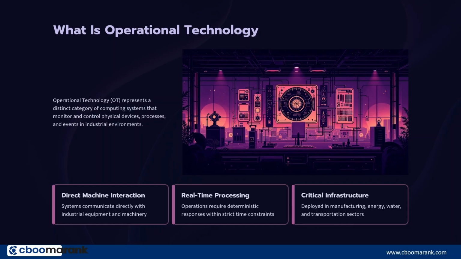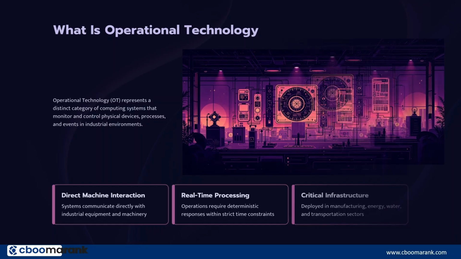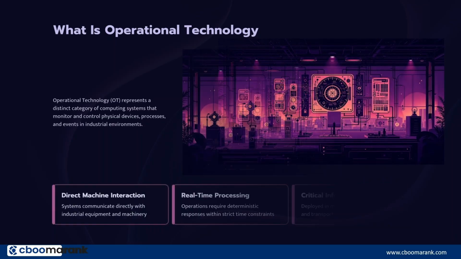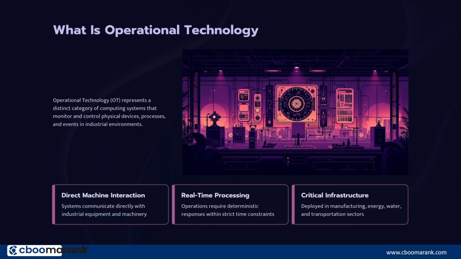They have direct machine interaction, they work in real time, and are also critical to any asset owner, country, or government. For example, industrial control systems are operational technology. SCADA platforms, manufacturing automation, and power grid control systems are some examples of operational technology.